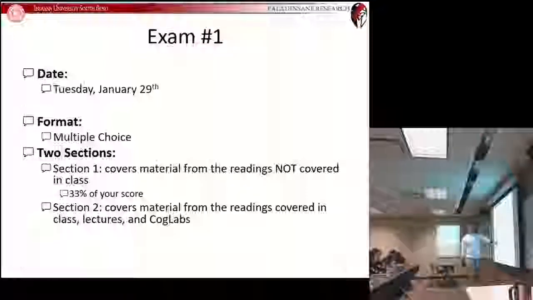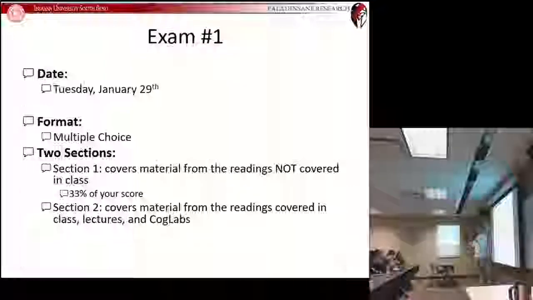We do this because in the material that you need to read, there's just too much to cover in a single semester, but it's things and concepts and ideas that you should be aware of after taking an intro to cognitive psychology class.